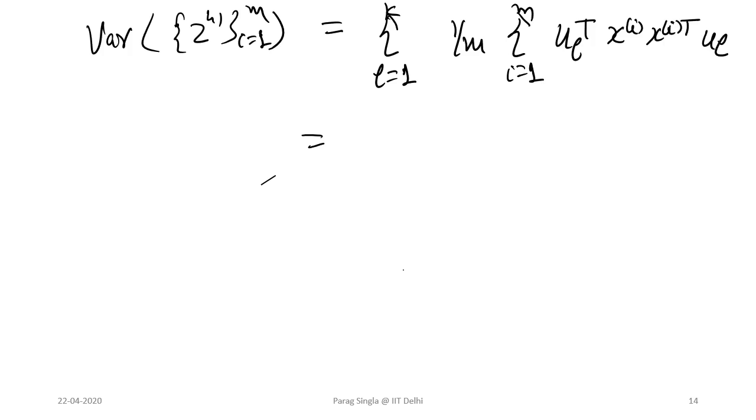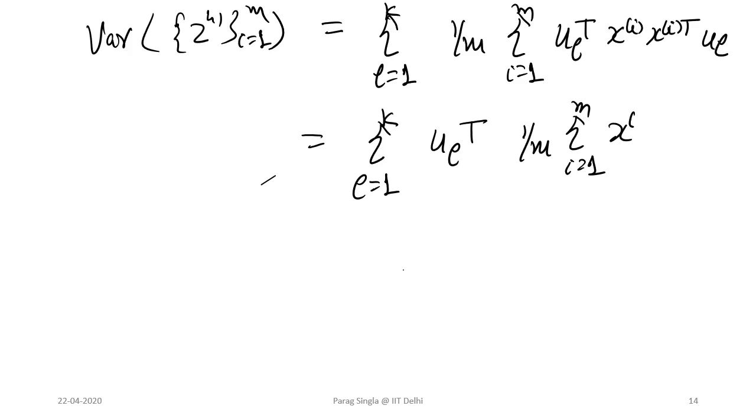Which can be written as the sum over l equal to 1 to k, where I can take this ul transpose out and take this 1 by m inside, the sum over i equal to 1 to m of xi xi transpose. And this does not depend on ul, so I can keep the ul outside.